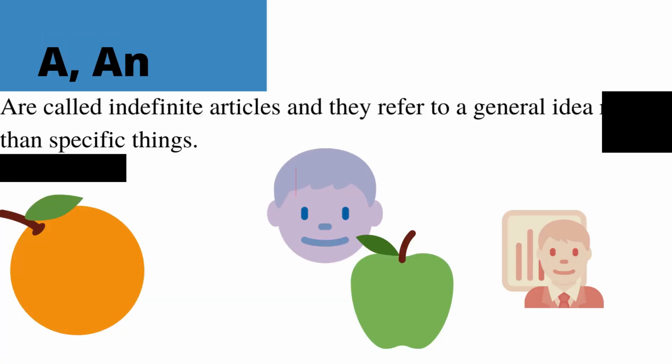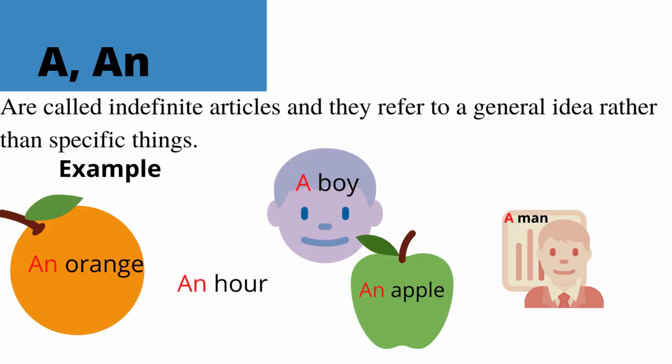So the other two types of articles are a and an, and they are called indefinite articles. They refer to a general idea rather than specific things. For example, an orange, a boy, an apple, a man.